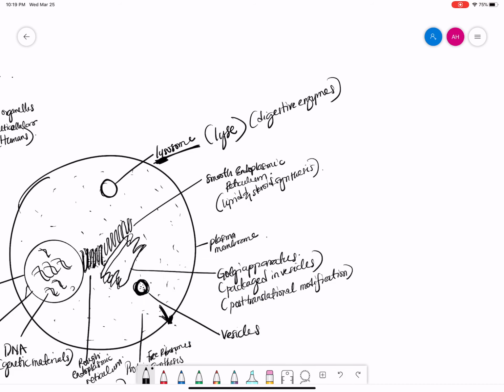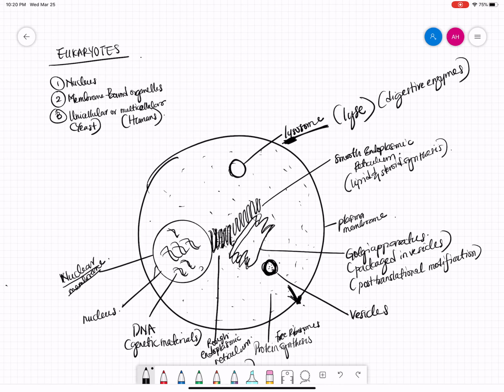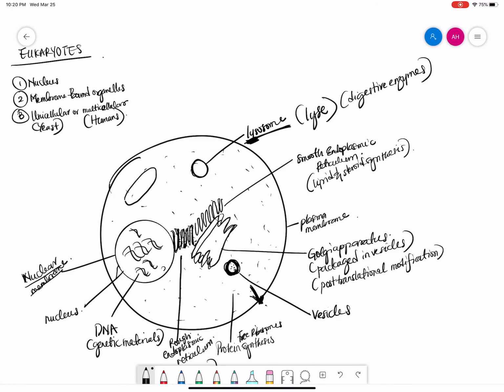Okay? Then we have our mitochondria. Let's not forget that. The mitochondria is the site for ATP synthesis. Adenosine triphosphate.